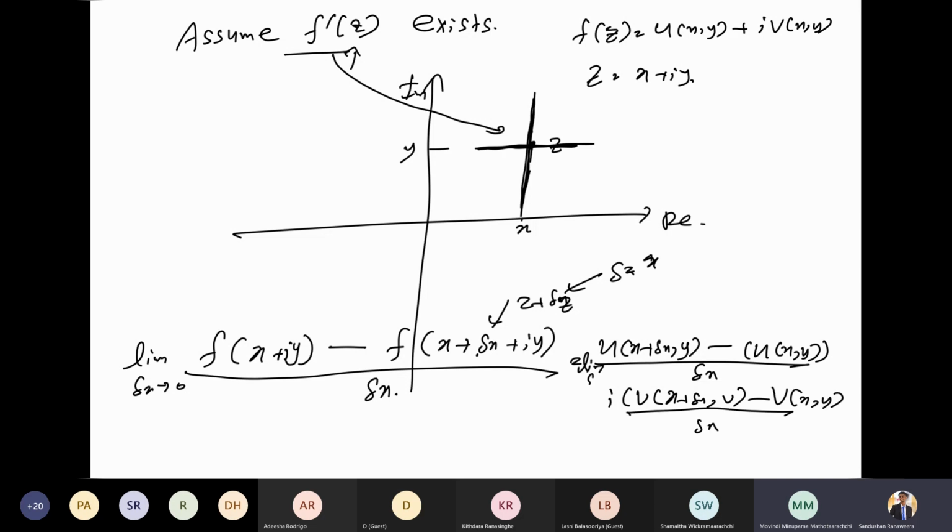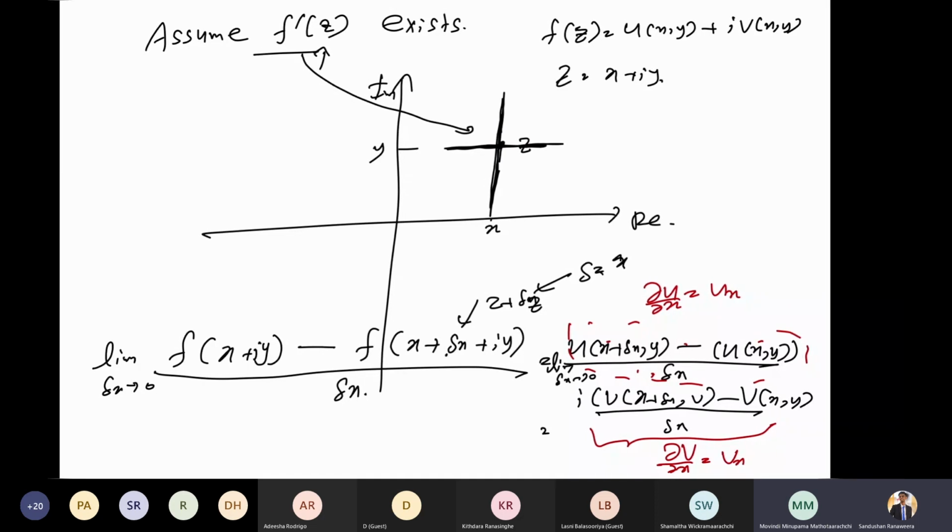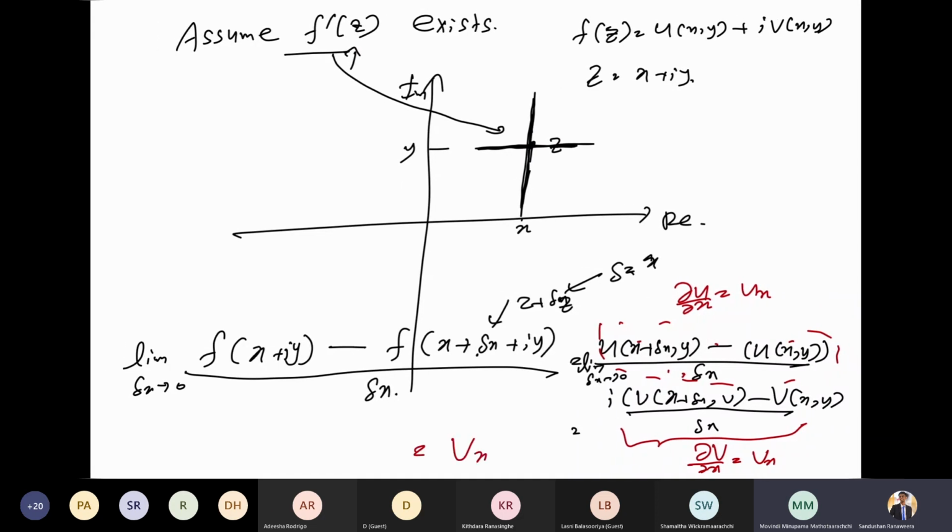You can clearly see that this is nothing but the partial derivative of u, which we denote as u_x. This is the partial derivative of v, which we denote as v_x. Because we are only varying x, dividing by delta x and sending delta x to 0, it is like a real function. So we get the limit u_x plus i v_x.